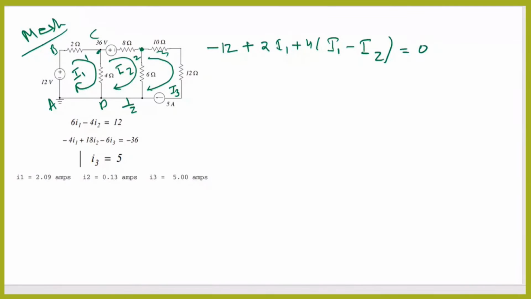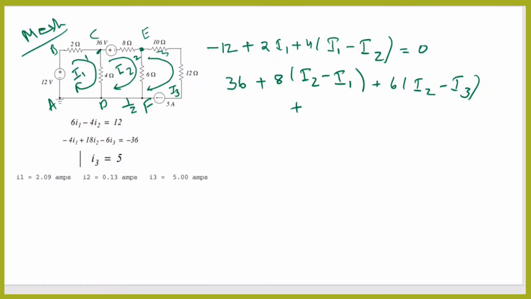And if you start from C to E and F, and F to D and again to C, then starting from C: 36 plus 8 into I2 plus 6 into I2 minus I3 plus 4 into I2 minus I1, is equal to 0.